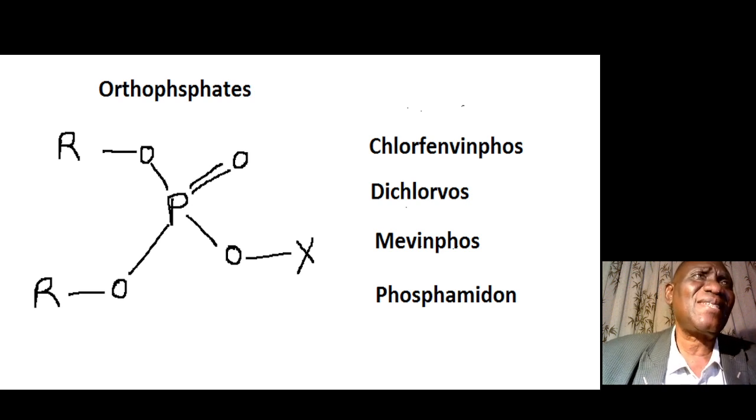So the basic orthophosphates are represented by that structure. We have got examples of insecticides under orthophosphates. We have got chlorvinphos, dichlorphos, mevinphos, and phosphamidone.